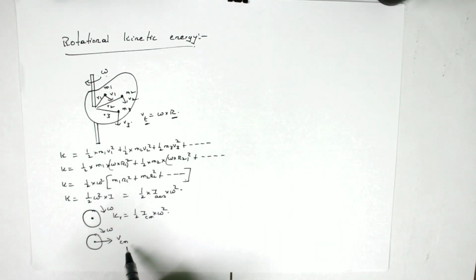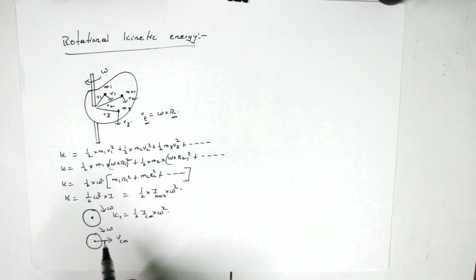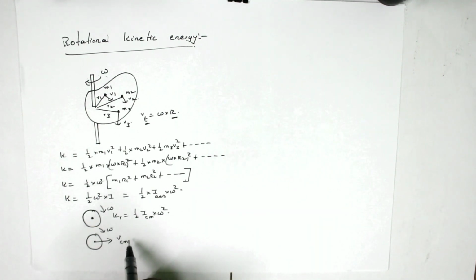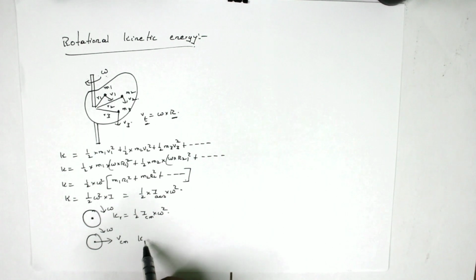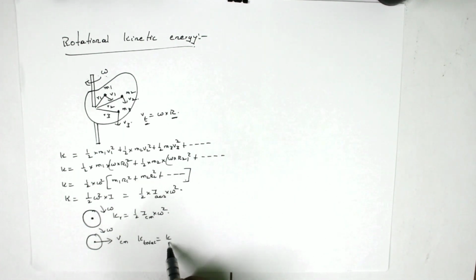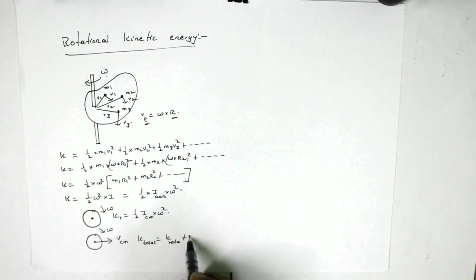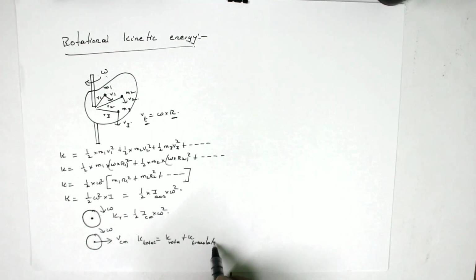One energy is the kinetic energy of rotation, and another energy is the kinetic energy due to the velocity of the center of mass. Then total kinetic energy can be written as kinetic energy due to rotation plus kinetic energy due to translation. This is how I can write.